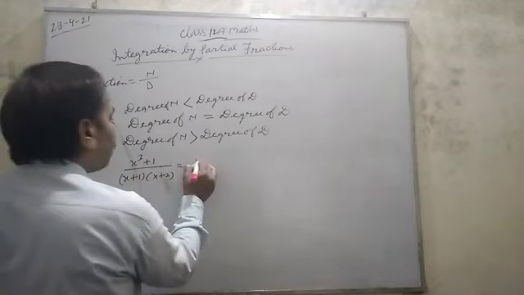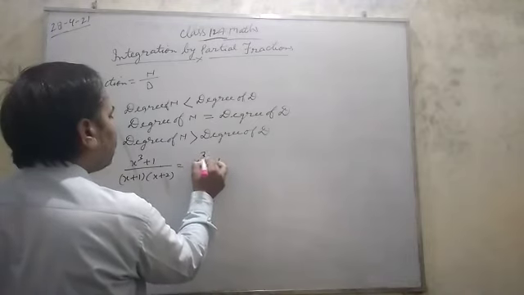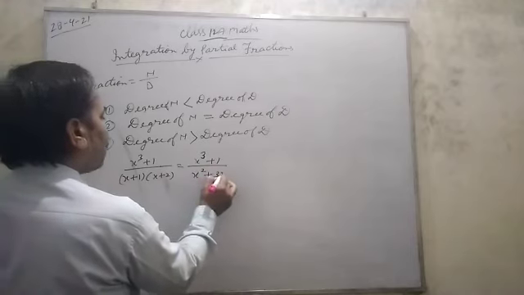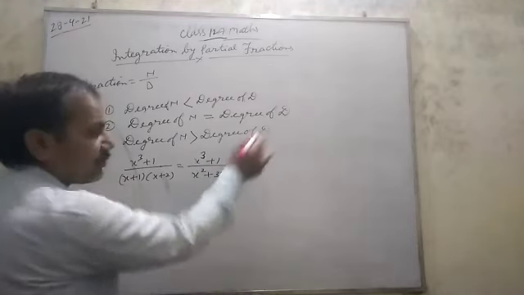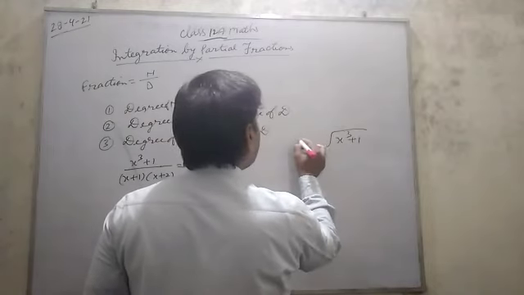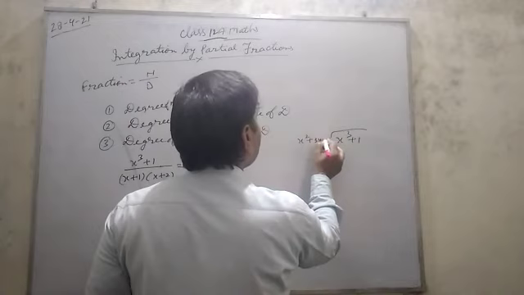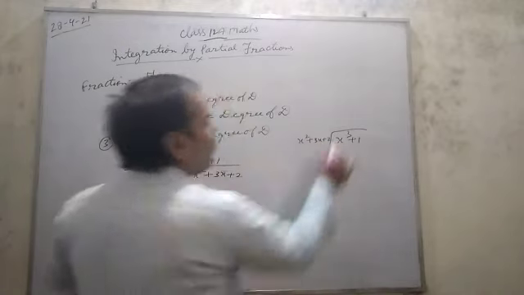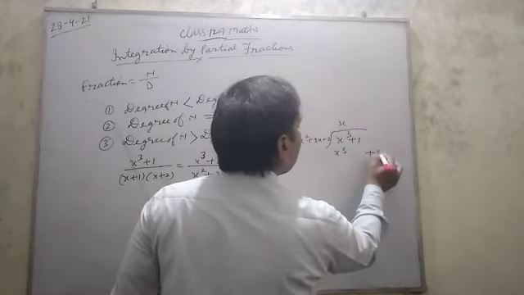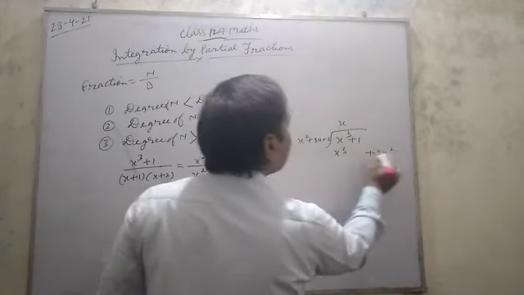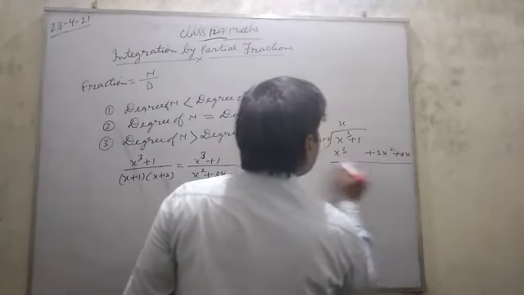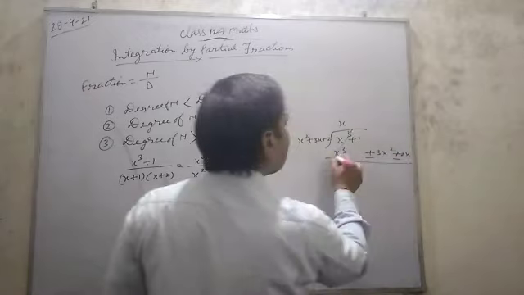So here also first you multiply the denominators: x square plus 3x plus 2. Then divide it: x cube plus 1 divided by x square plus 3x plus 2. So x multiplied: x cube plus 3x square plus 2x, then subtract it, cancel.